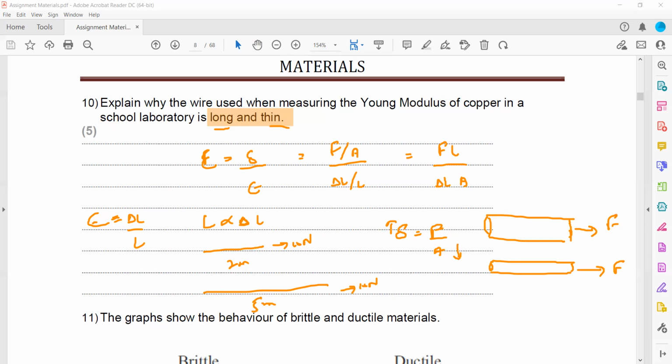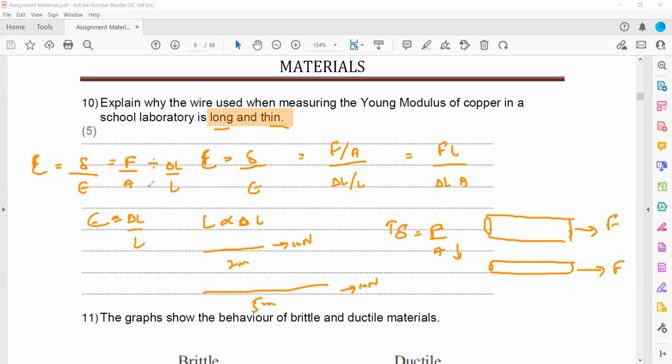But how did you multiply this F multiplied by L divided by delta L into A? How did you simplify this? Look, Young's modulus is equal to stress divided by strain. Stress is force divided by area, and that is divided by strain, which is change in length over original length.